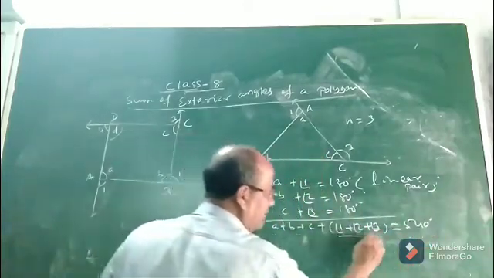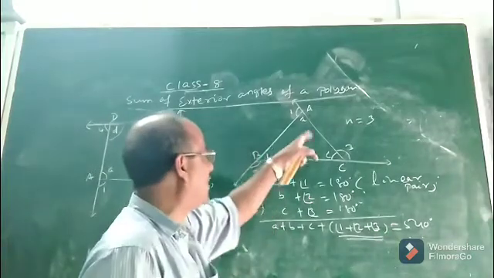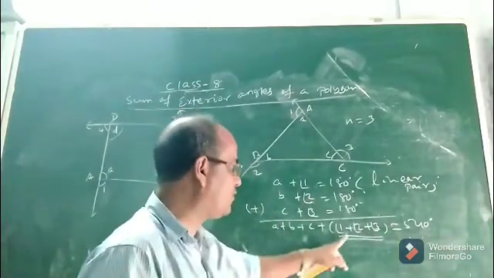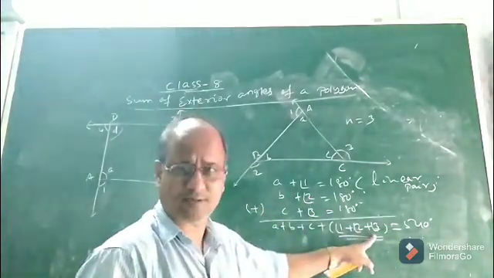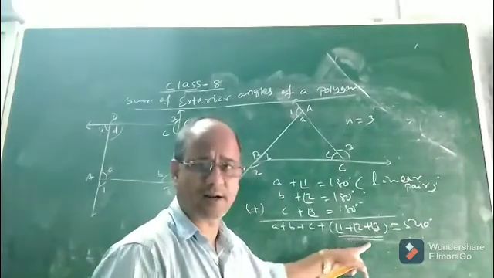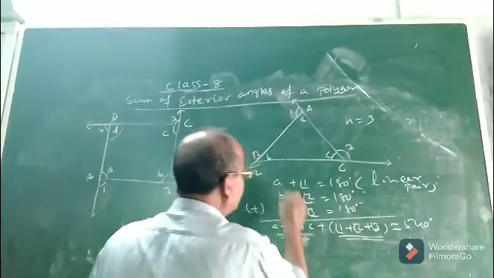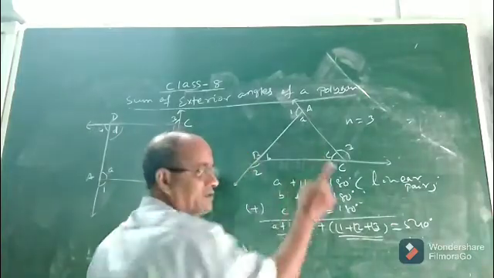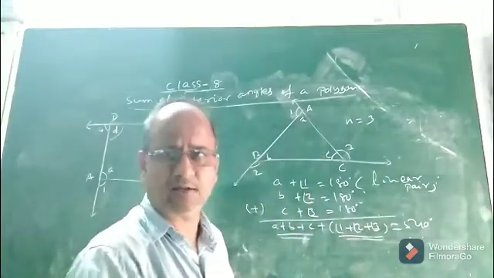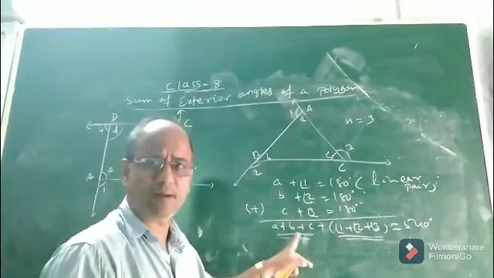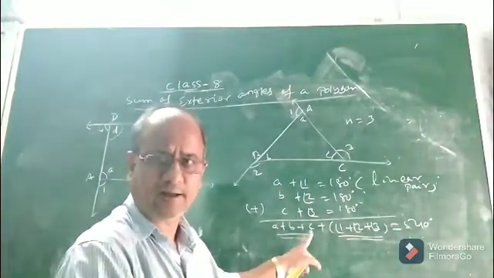Now what is the sum of 1 plus 2 plus 3? Now look at the sum of A plus B plus C. We want to find the sum of 1 plus 2 plus 3. This is the sum of the exterior angles of this triangle. But what about the sum of A plus B plus C? These are interior angles. So by angle sum property, their sum is 180. So in place of A plus B plus C, we can put 180 degree.